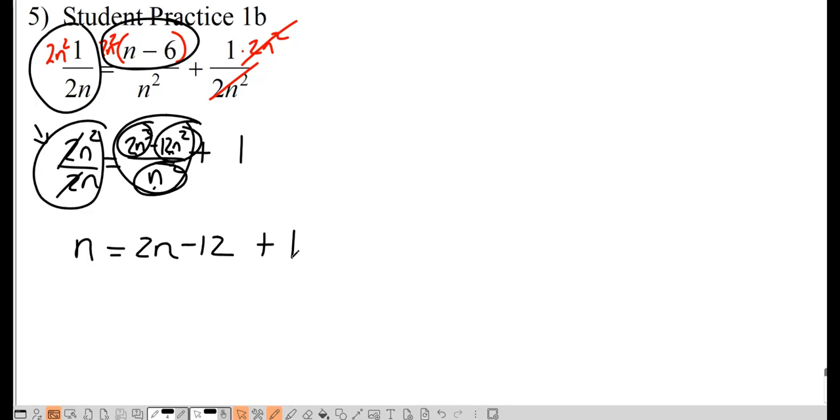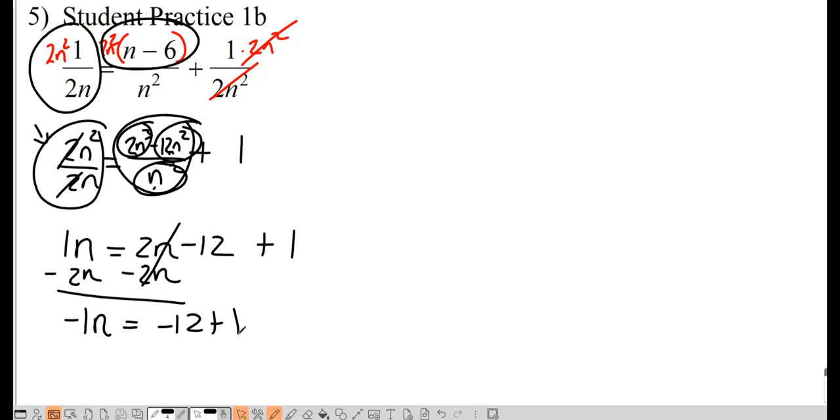Okay, and how would I move it? What mathematical operation would I do to move it? Which one? Yes, subtract. Good. So this goes away. And this is a 1. 1 take away 2 is -1.